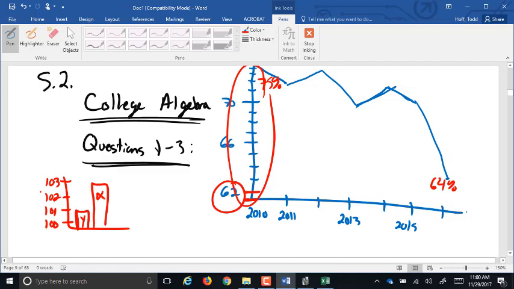So anyway, it looks like bar X is more than twice as big as bar Y, but it isn't because the scale starts at 100. The same thing here. It looks like this is a huge failure compared to what it was here, like 1/6 or 1/7 the pass rate that it used to be, because the graph doesn't start out at 0.